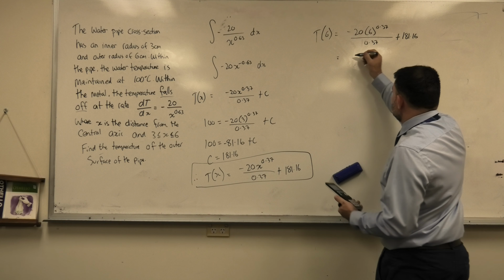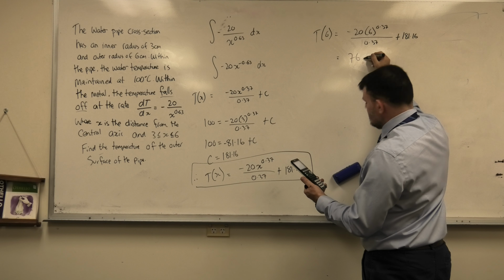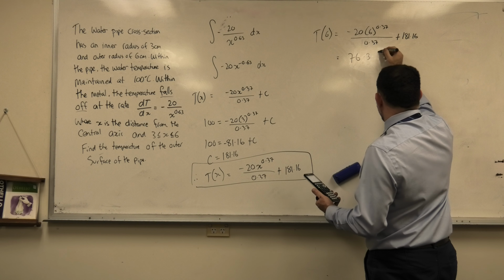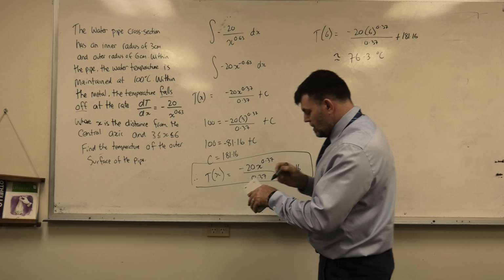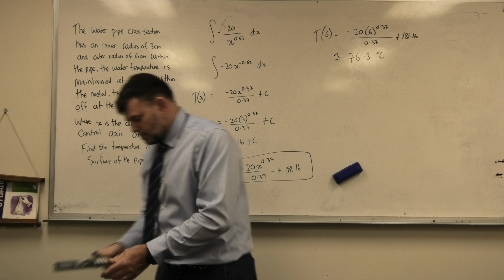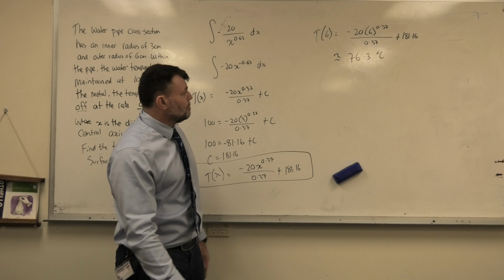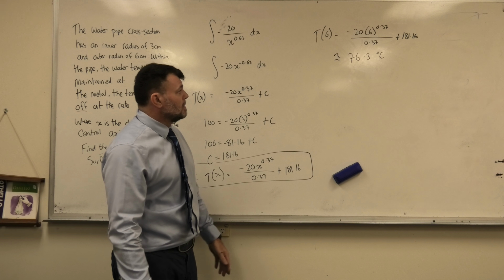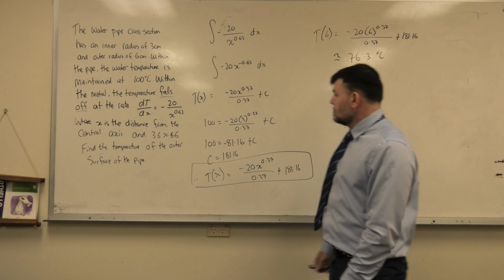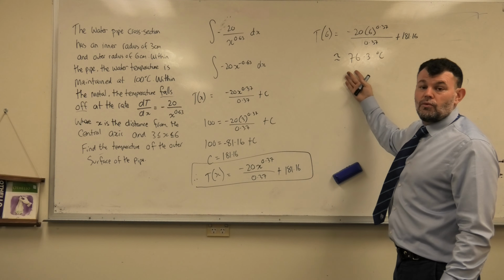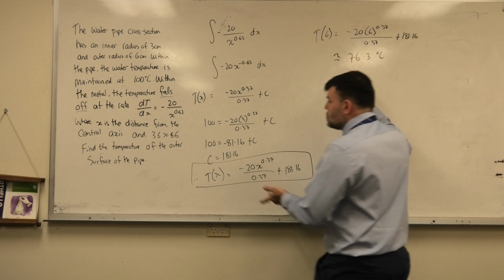We get approximately 76.3 degrees Celsius. If we went to 3 significant figures, that is 76.3 degrees Celsius. We know this is on the right track because we said it should be less than 100 because it's falling.